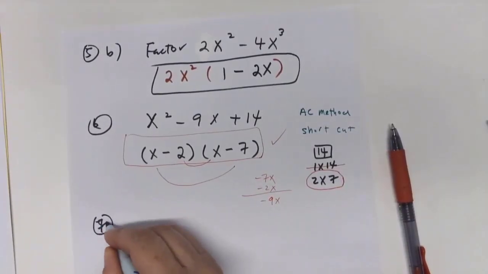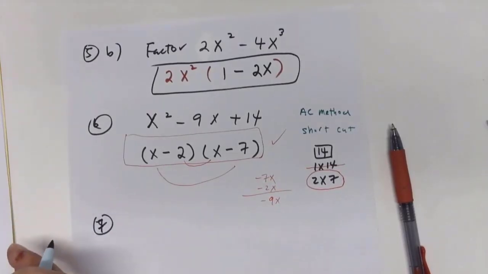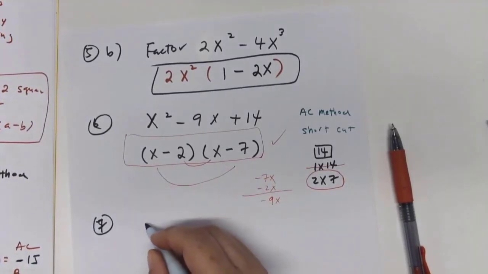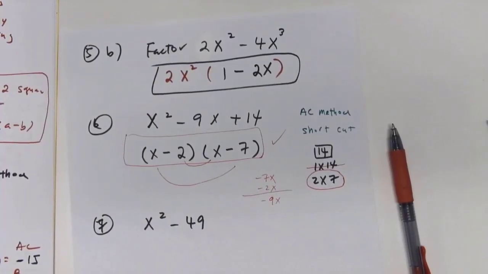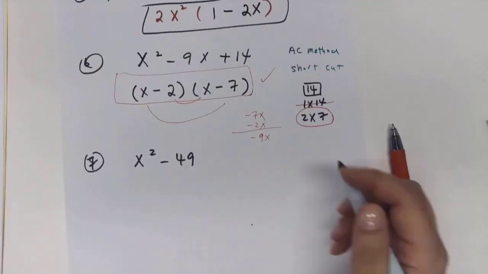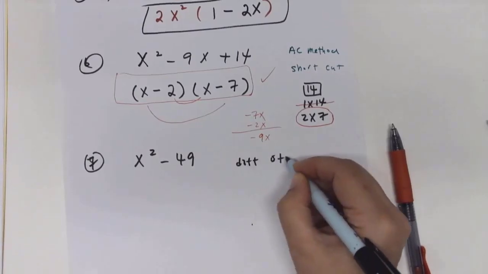Number 7. Trying to see the stuff that's similar. If we have x squared minus 49. So 2 terms. This is the difference of 2 squares.